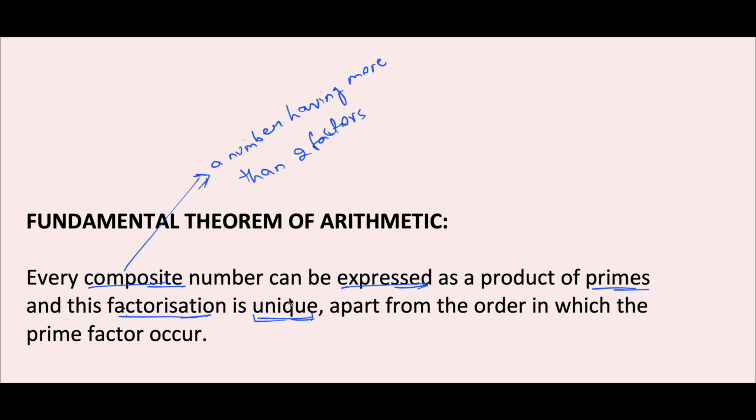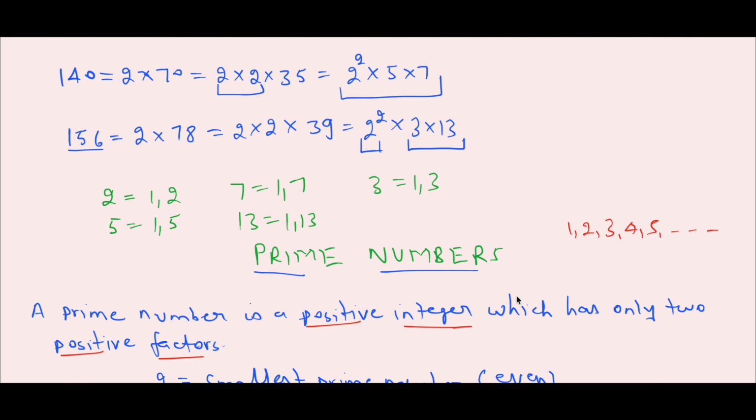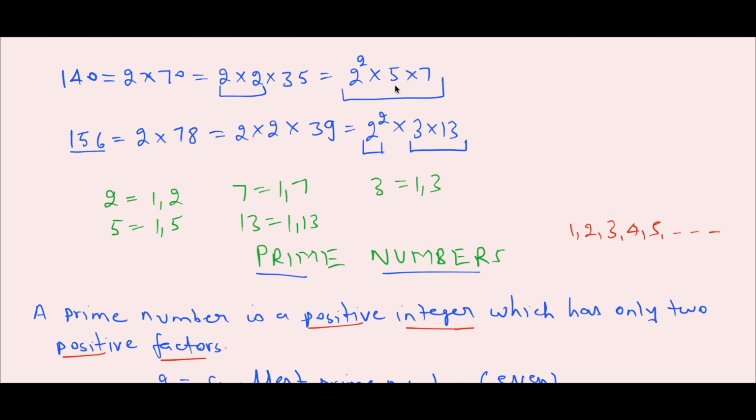So every composite number can be expressed as a product of primes. As we saw above, we expressed 140 as 2 square times 5 times 7 and 156 as 2 square times 3 times 13. This factorization is unique apart from the order in which the prime numbers occur. Someone can write this as 7 into 5 into 2 square, another person can write it as 5 into 7 into 2 square.